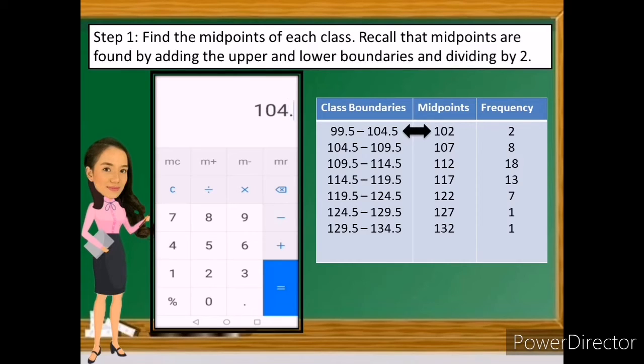Second, 104.5 plus 109.5 divided by 2 is equal to 107. And so on and so forth. So we have here our midpoints.